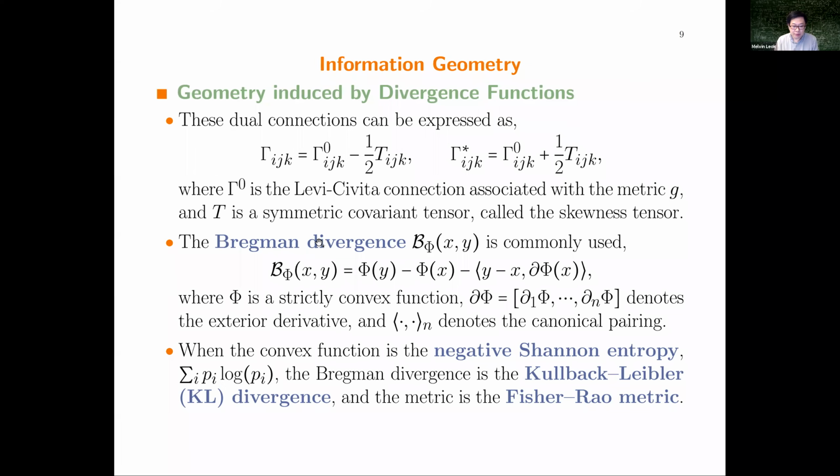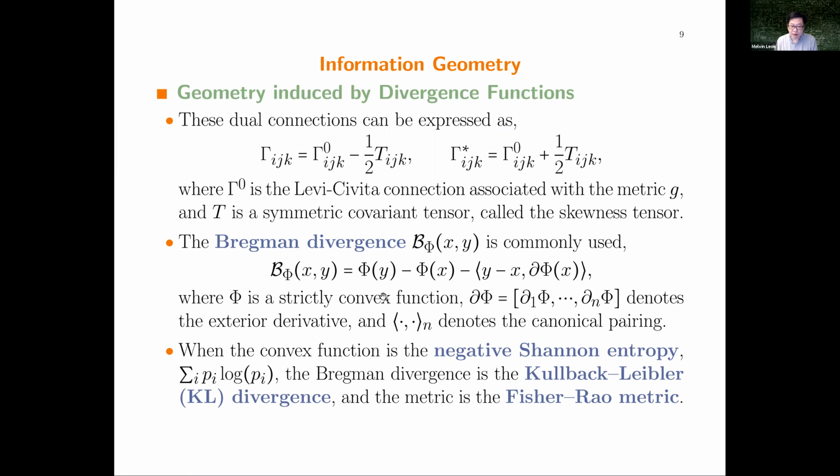So let me now say something specific about divergence functions and what are perhaps the most commonly used divergence functions. One of the most commonly used divergence functions, which you might have heard of or might not have heard of, is the Bregman divergence. Okay, so these are a class of divergence functions which come from a particular choice of a strictly convex function. So given a strictly convex function, you construct this object, and this is this family of divergence functions.